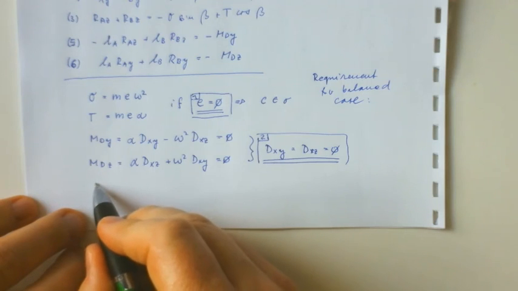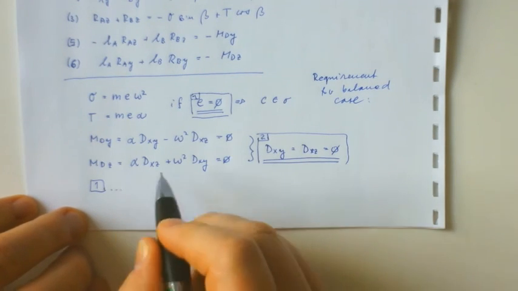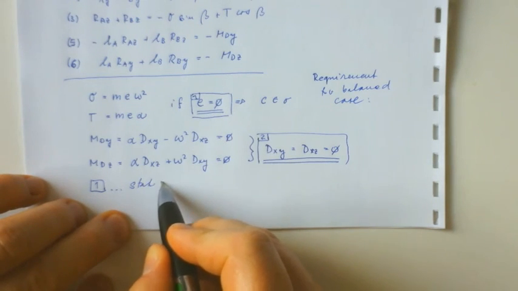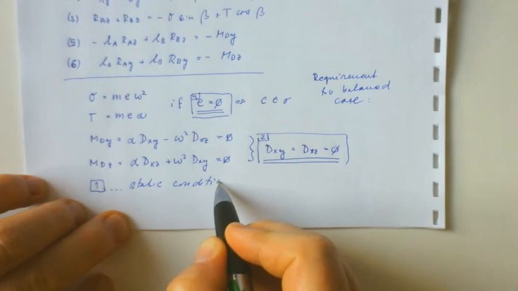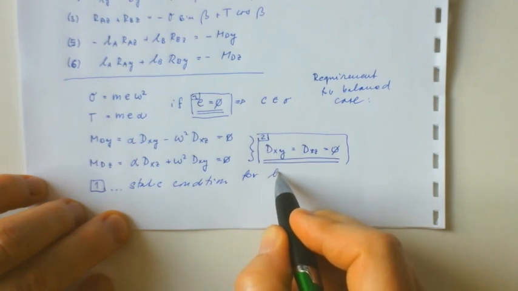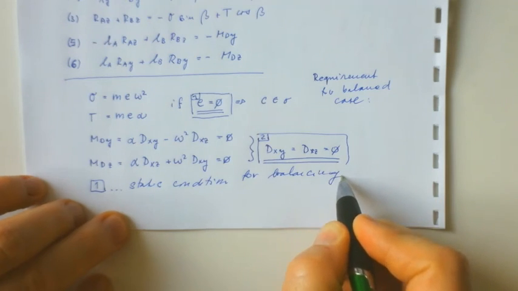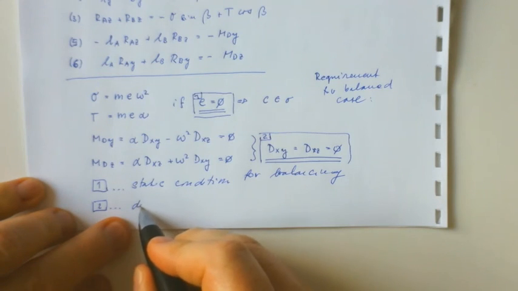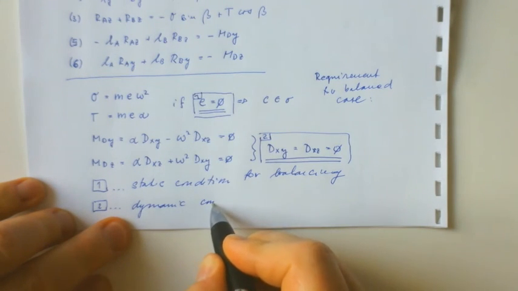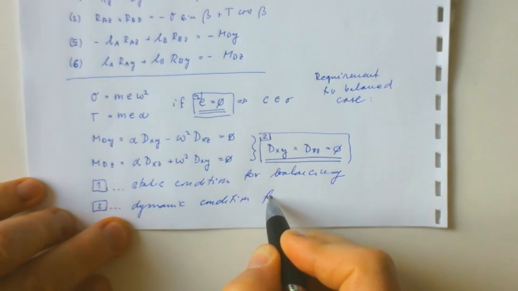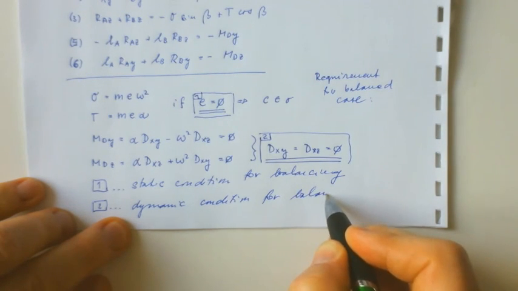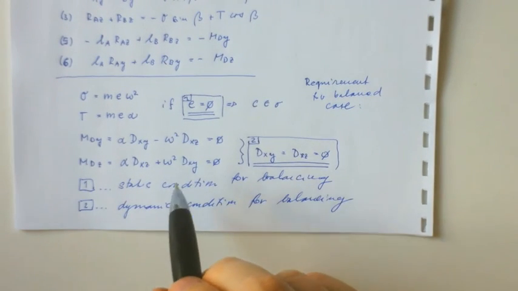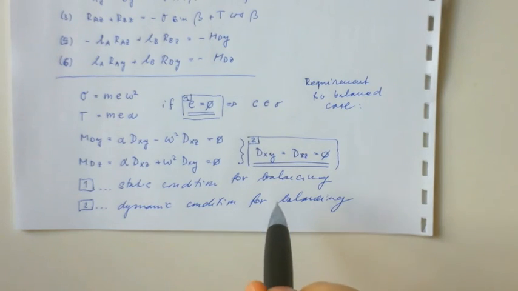And we say that the first requirement represents a static condition for balancing, and the second represents a dynamic condition for balancing. Okay, so we have static and dynamic conditions for balancing of a body.